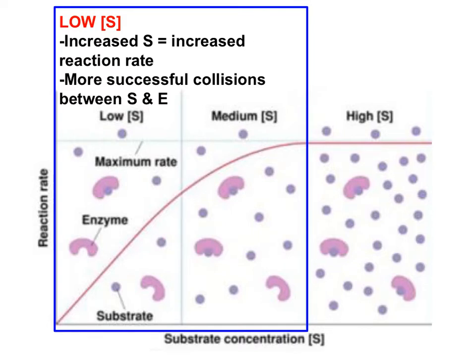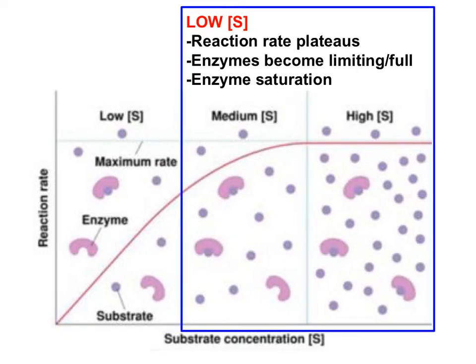But then, when more substrates are added, this increases the chances for a successful collision between enzymes and substrates, and as a result, more reactions are happening, increasing that reaction rate. At some point, though, adding more substrate won't cause any further increase in reaction rate.